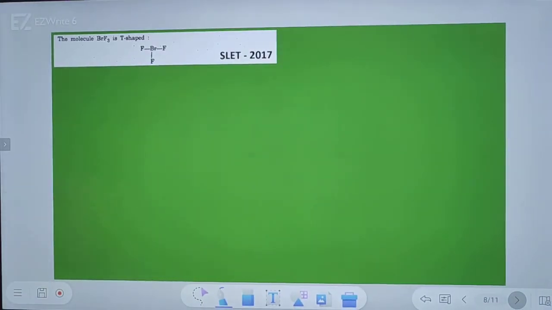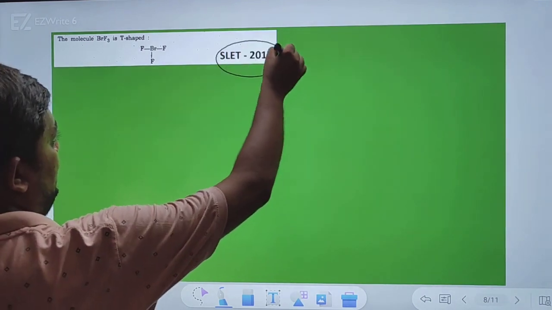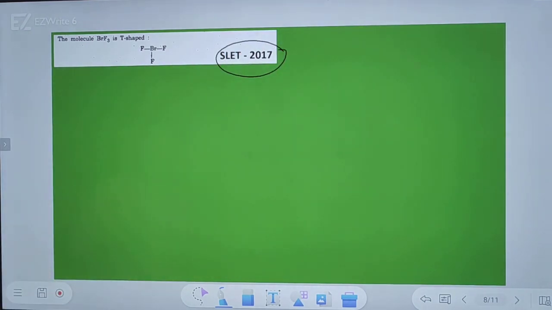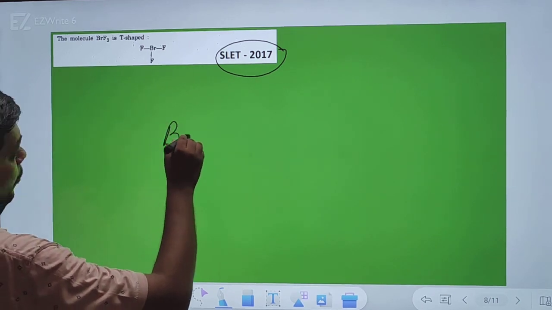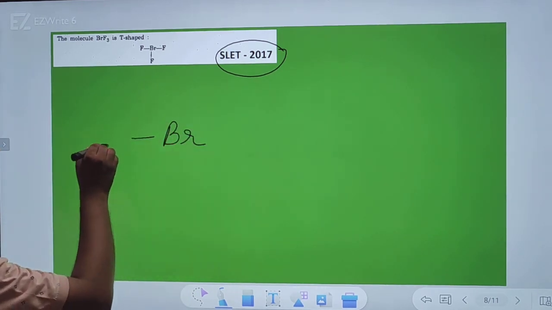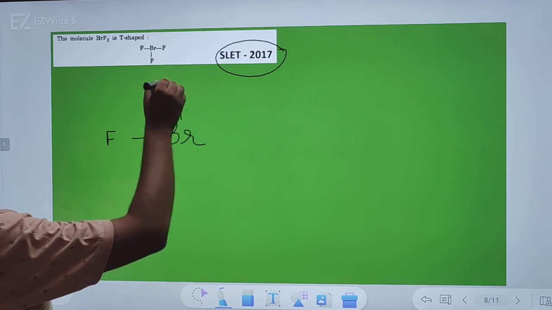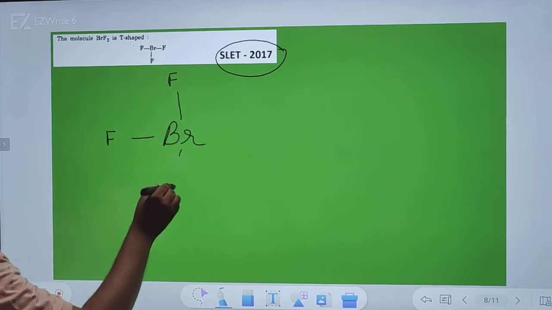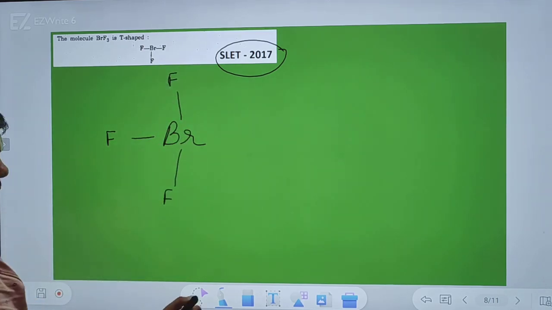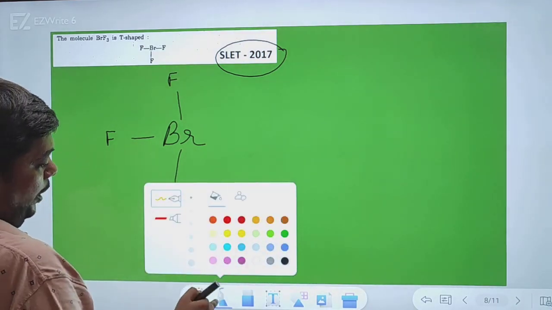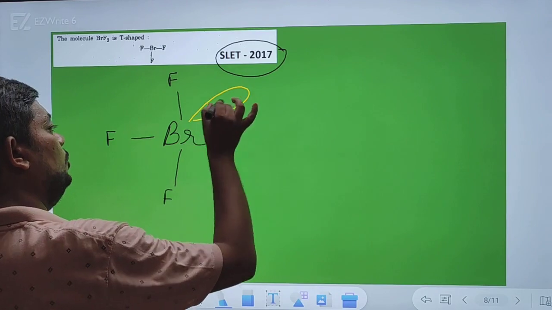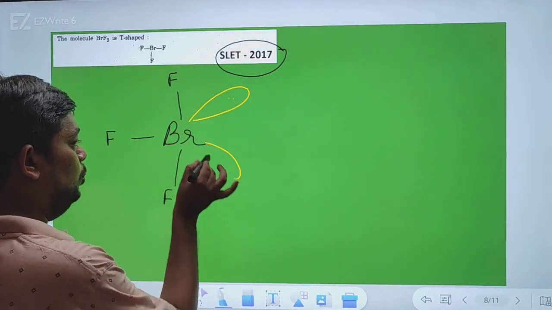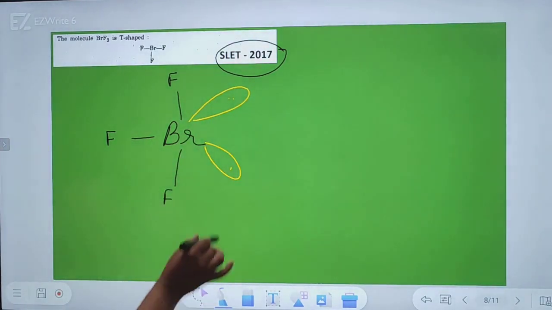The molecule BrF3 is T-shaped. Justify it. The question is written over here, but as it is a T shape, always remember bromine is in the center. You have one fluorine over here, a second fluorine, and a third fluorine. So you can now visualize a T shape, and you have two lone pairs.